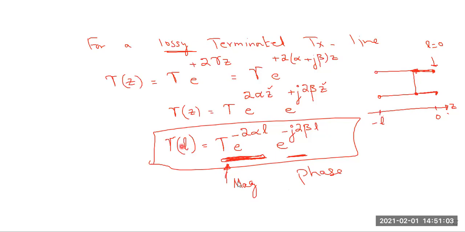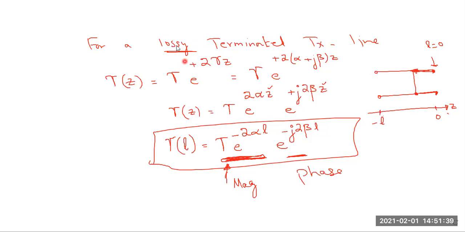So it means the magnitude of the reflection coefficient will change as you move on the transmission line. And if you remember, on a lossless transmission line, the magnitude of the reflection coefficient doesn't change. It remains constant. Whether you measure the reflection coefficient at the load point, or at the middle, or at the input, the magnitude was constant.